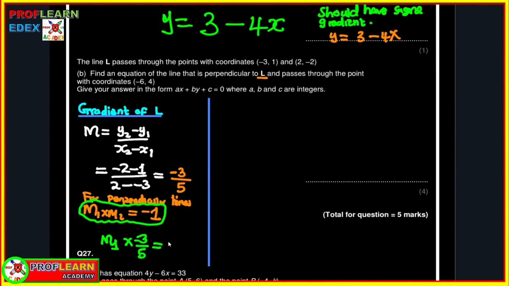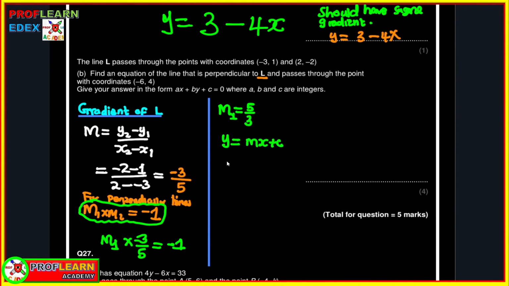If we just work it out, we're going to multiply by 5 and divide by negative 3 on both sides, and then we end up having 5 over 3 as the gradient.